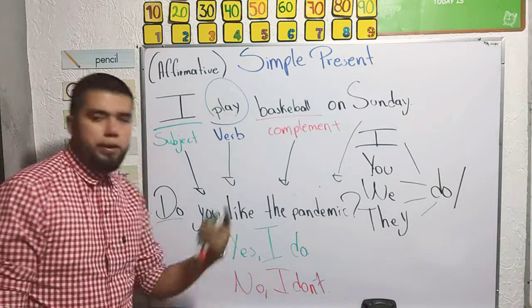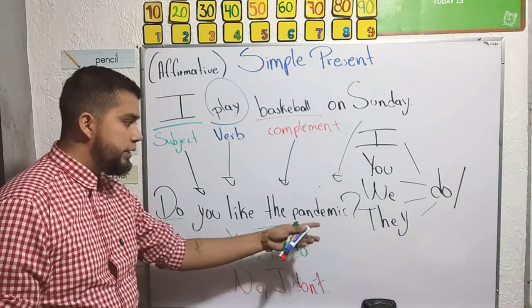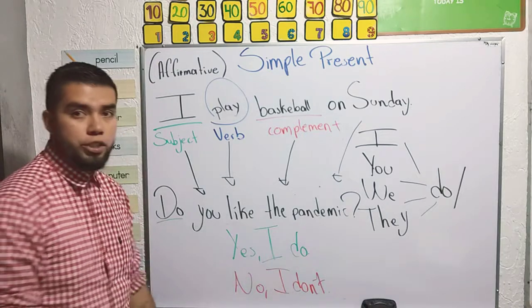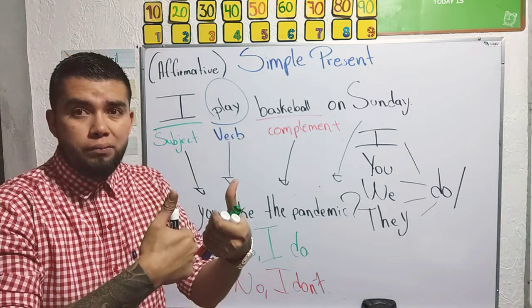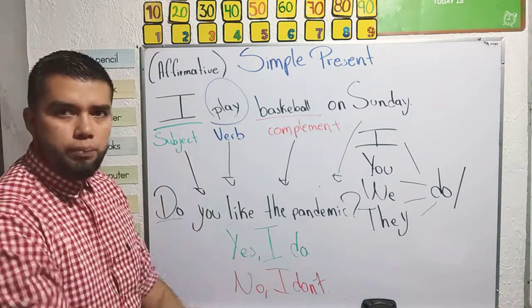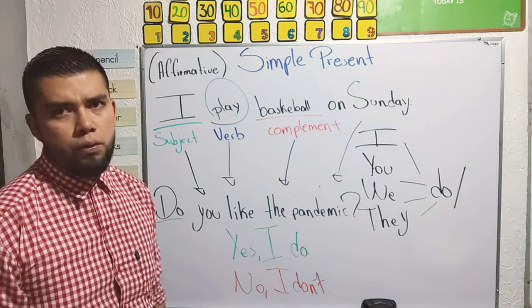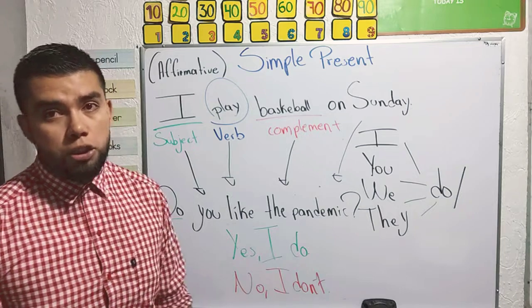Obviously, no, I don't. But the action is different. So the complement corresponds to my action. Do you like the pandemic? The possible answers: maybe a crazy person could say, yes, I do. But a normal person could say, no, I don't.